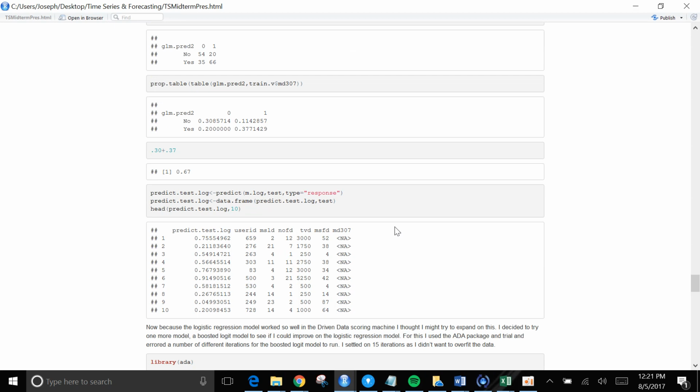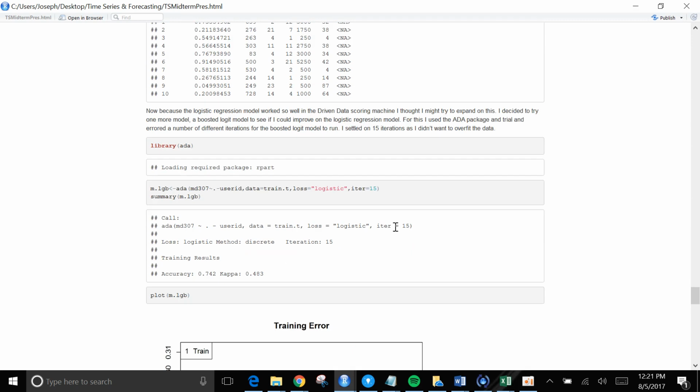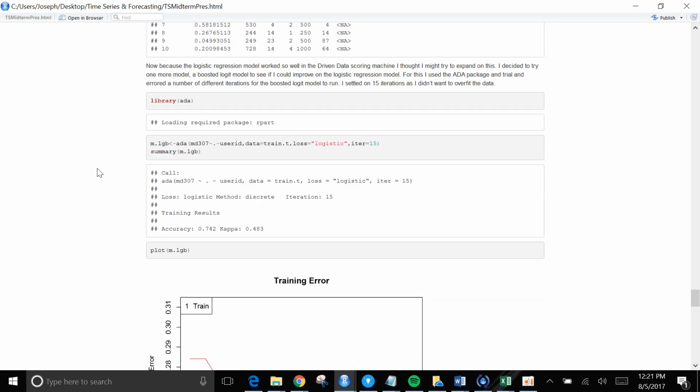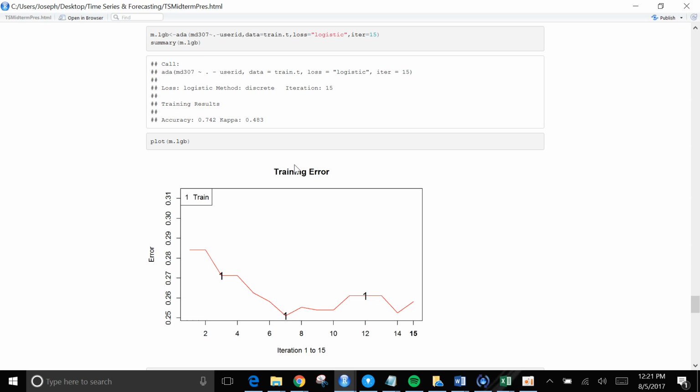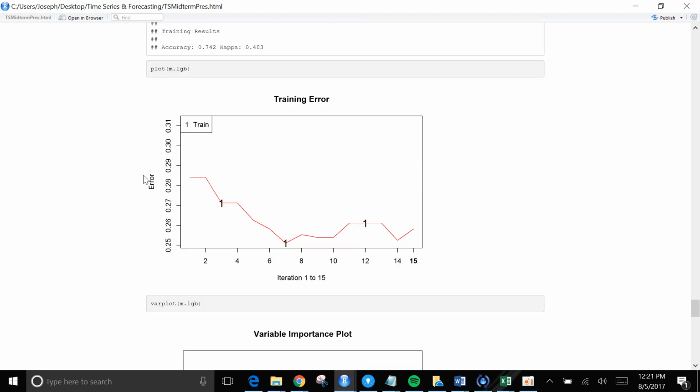Now, because of the success of the logistic regression model, I did want to try one more advanced technique. So I tried a logit boost model using the ADA package. I ran this a number of times with different iteration numbers to try to optimize the log loss function.